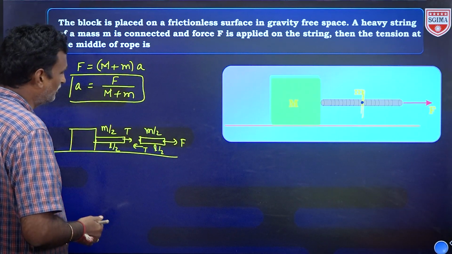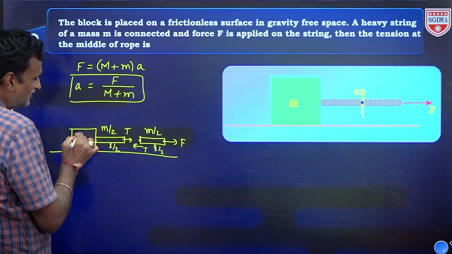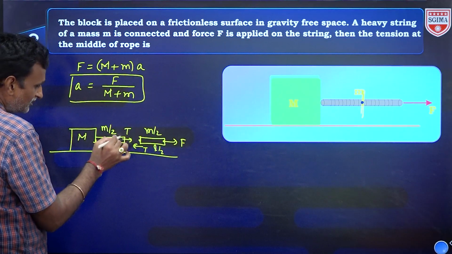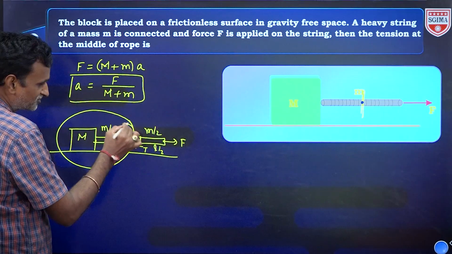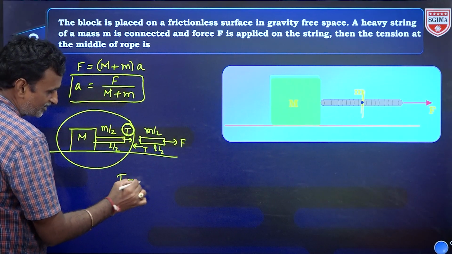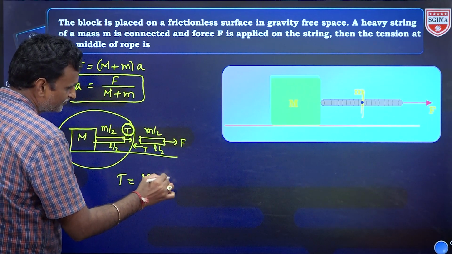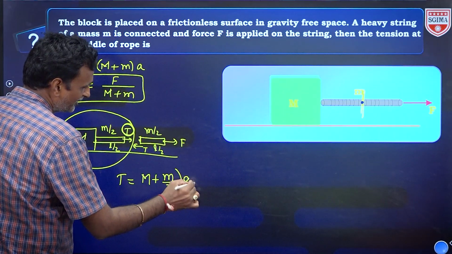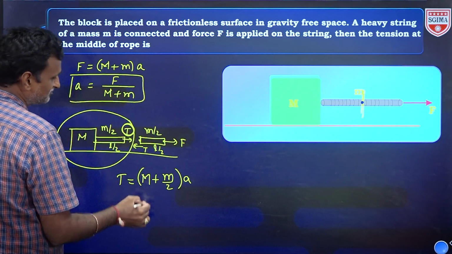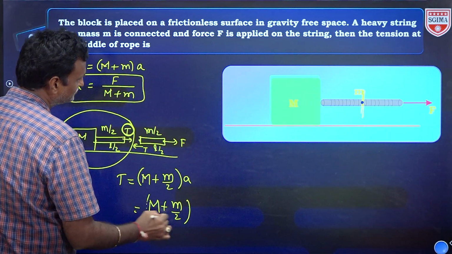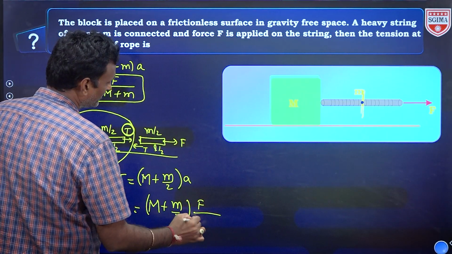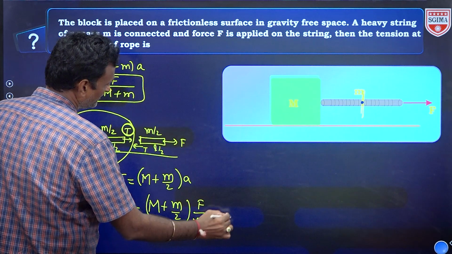Okay, now the back portion we can take, here it is capital M. So this entire portion is being pulled with force, what? Tension. So T equals capital M plus m by 2 times acceleration. The acceleration value we already know, so T equals capital M plus m by 2 times F by capital M plus m.